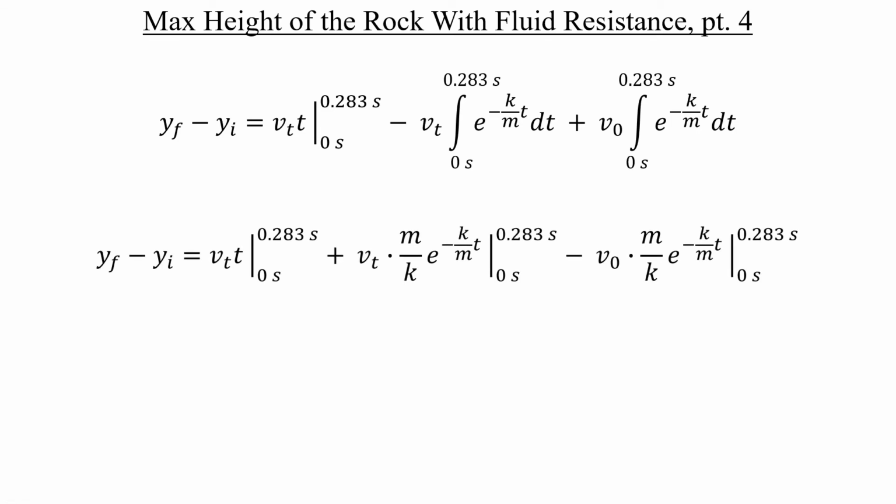Now, you're free to evaluate the endpoints individually and do all that work if you like. But earlier I mentioned scooping all this stuff up and doing the endpoints all in one expression. Here's how we can do that. Notice in the second and third terms here, we have this m over k ratio along with the exponential piece.